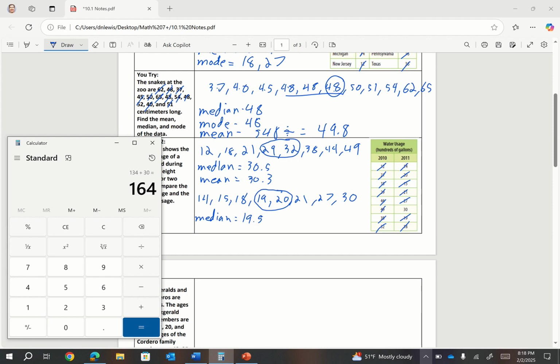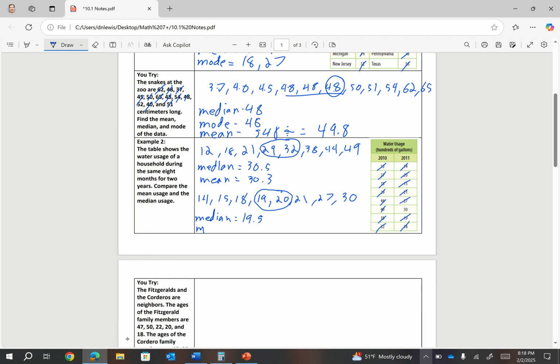Okay, I feel like I might have missed a number there. So if I did, you can just correct this. Mean equals 20.5. Close to the median, so I might be right there.